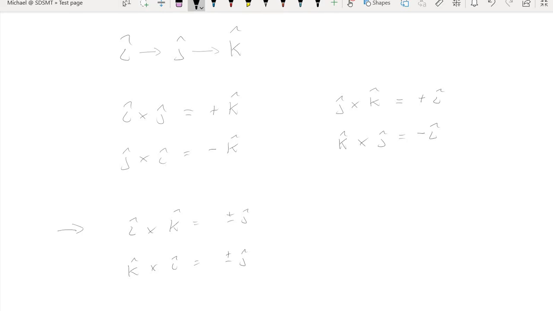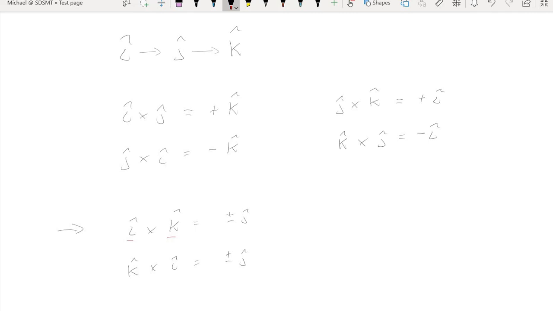Let's look at the first combo. I hat cross K hat. You look at that and you ask yourself, is this alphabetical? Does I come before K? Technically, yes, but you skipped a letter. It should be I, then J, then K.